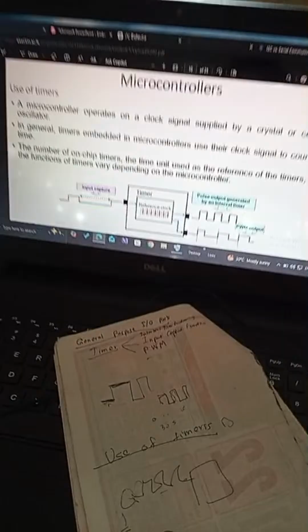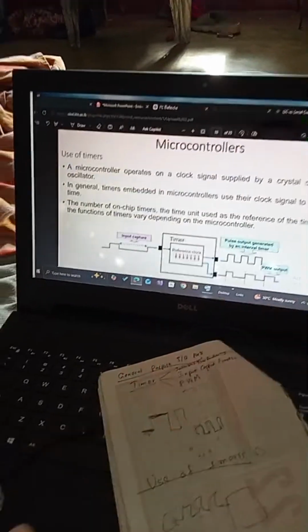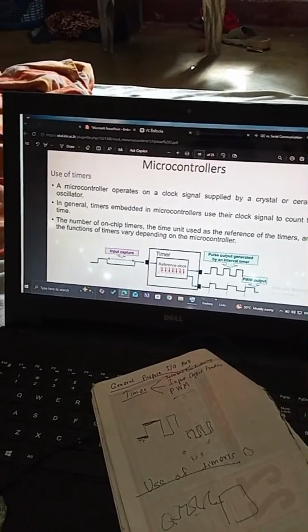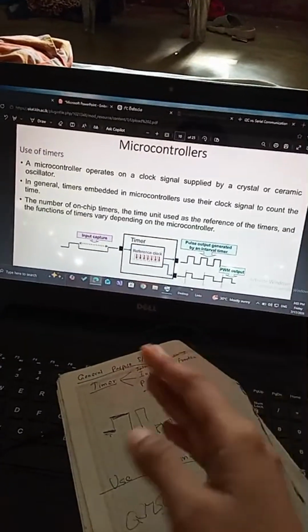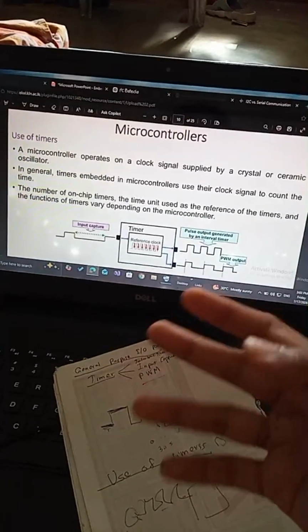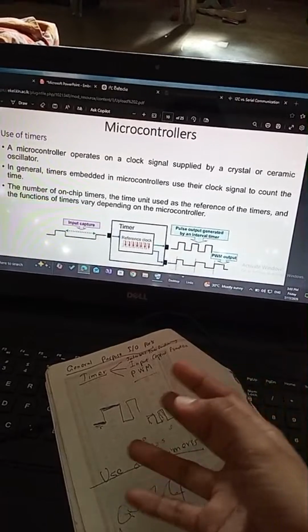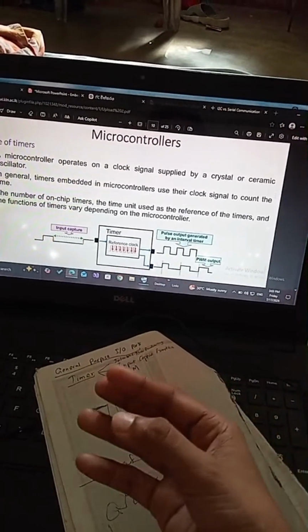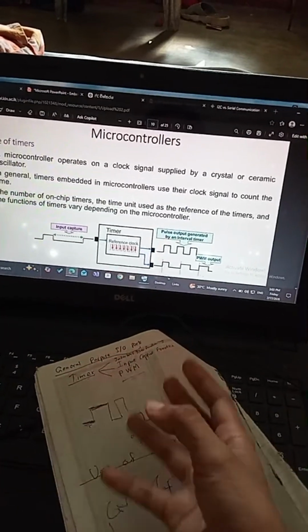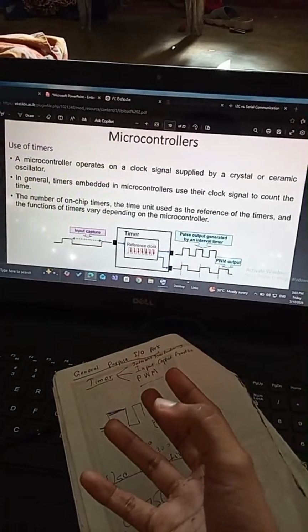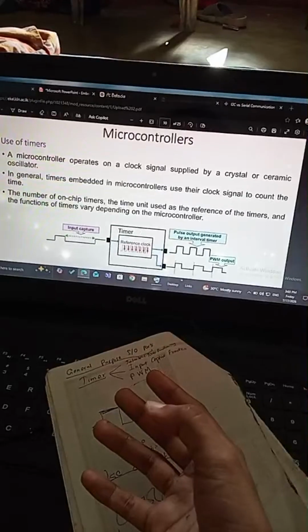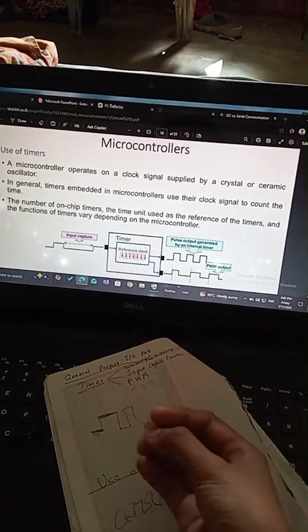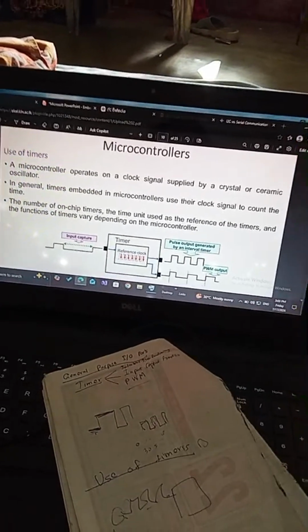It means that the number of on-chip timers can differ, so there can be several timers. As I understand, the number of on-chip timers differs from one microcontroller to another.